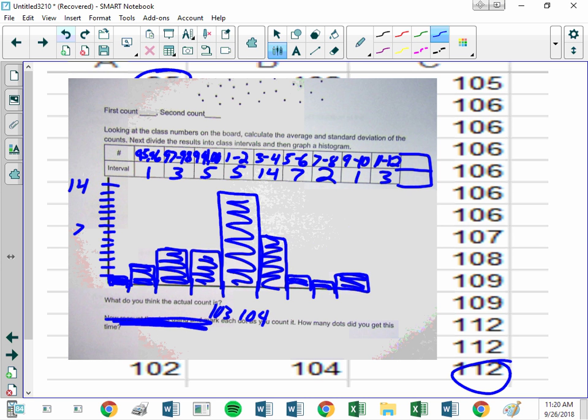So what do you think the actual count is? If you had to guess, if you had to bet, what would you guess? Somewhere in the 103 or 104 range. Which one would you pick?